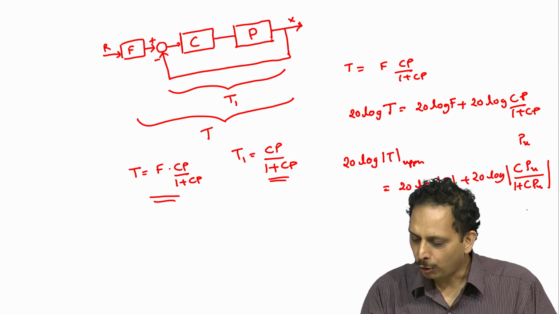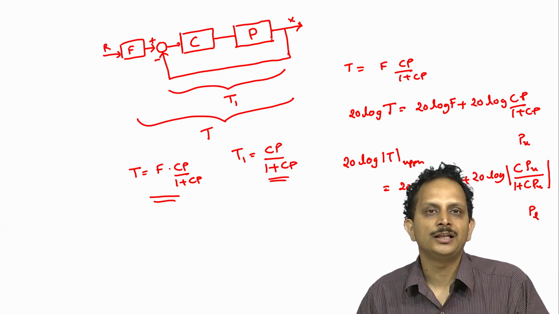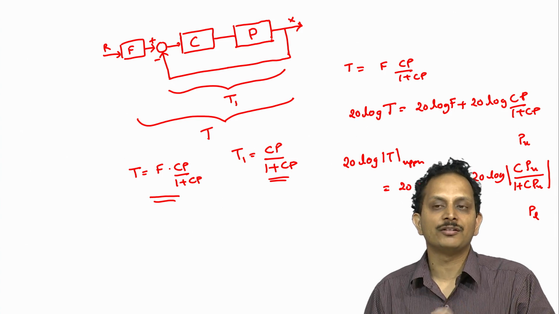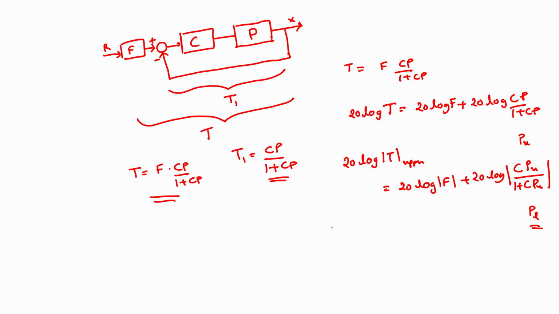Hence, if we were to call that particular plant which results in the transmission function being equal to T lower at some particular frequency omega as PL, P subscript L, then we would have that 20 log magnitude of T lower is equal to 20 log magnitude of F plus 20 log magnitude of C times P lower divided by 1 plus C times P lower.